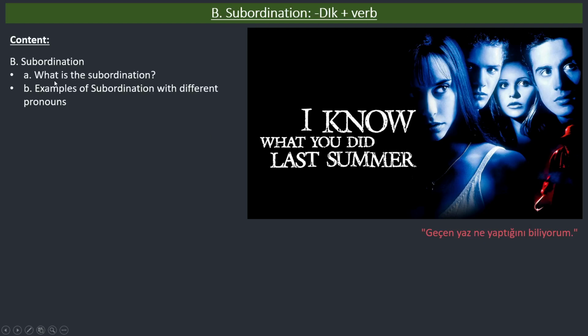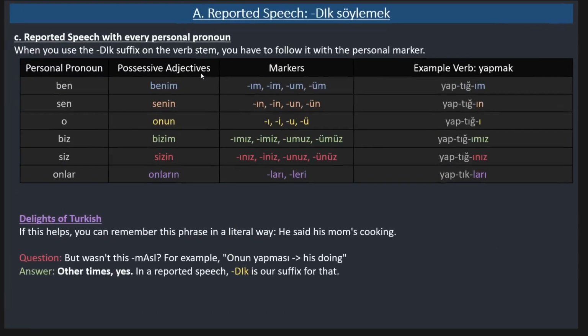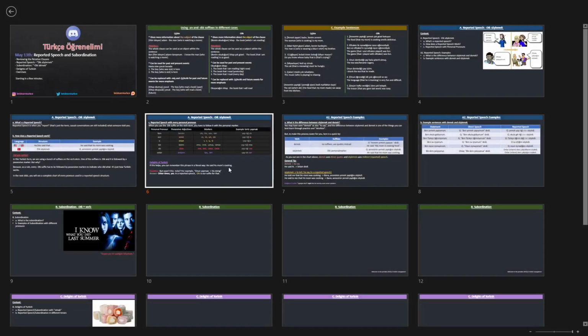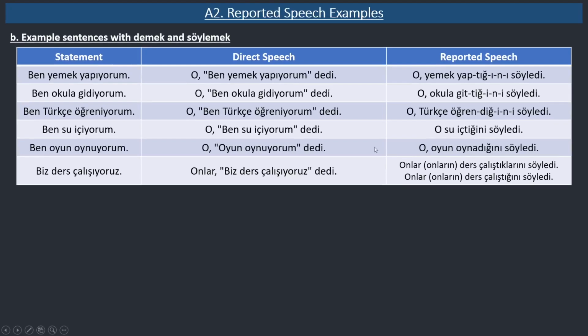So in this part, we will talk about what subordination is and just see the examples with different pronouns. It will be the same structure, same thing. The only difference between this table and this example is we will not use söyledi.